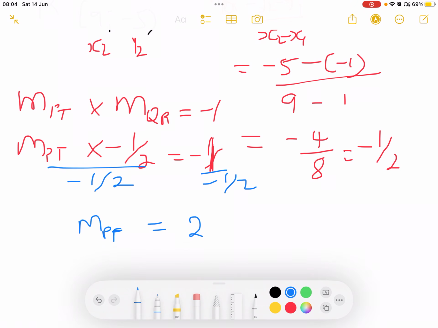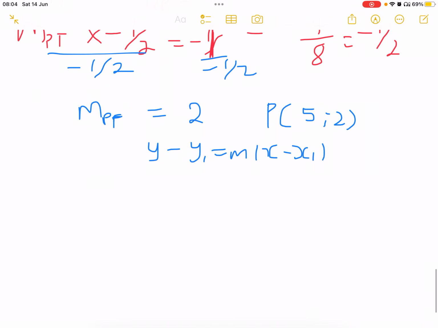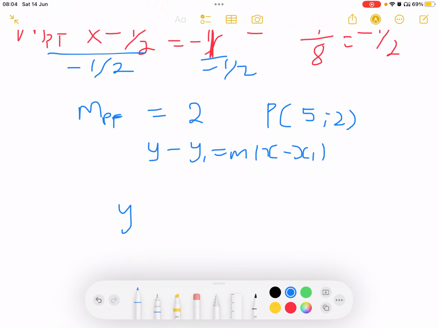Now, with that being said, we know one point on PT, which is P (5; 2). We can use it to calculate the equation using y minus y1 equals m times (x minus x1). So y minus 2 is equal to 2 times (x minus 5).